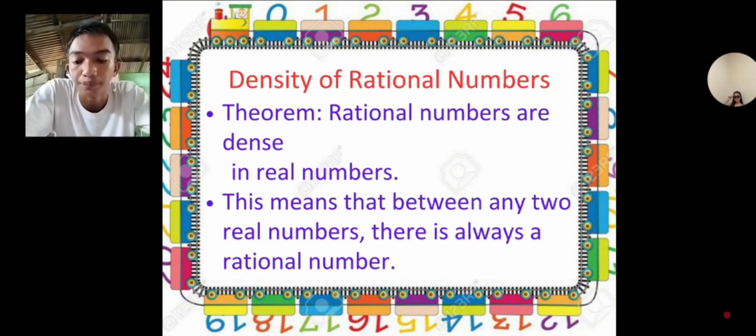Explanation: this means that between any two distinct real numbers, no matter how close they are, you can always find a rational number. Rational numbers are numbers that can be expressed as the ratio of two integers. Real numbers include rational numbers and irrational numbers like pi and the square root of 2. The density of rational numbers is significant to real analysis.